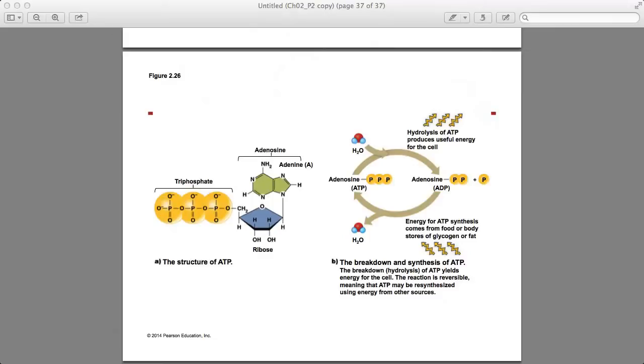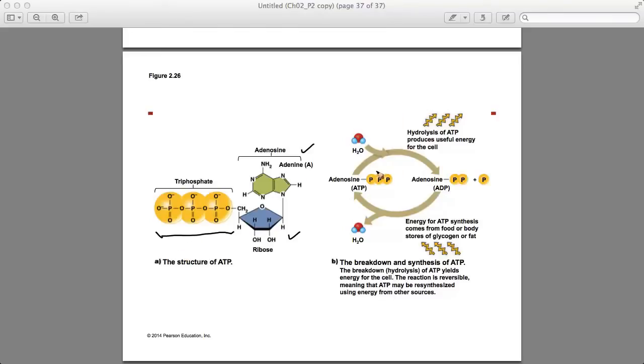Here's a pictorial representation of that, figure 2.26. Here's your ribose and your adenosine, right, the nucleotide part. But here's that triphosphate chain, part of the ATP, right?